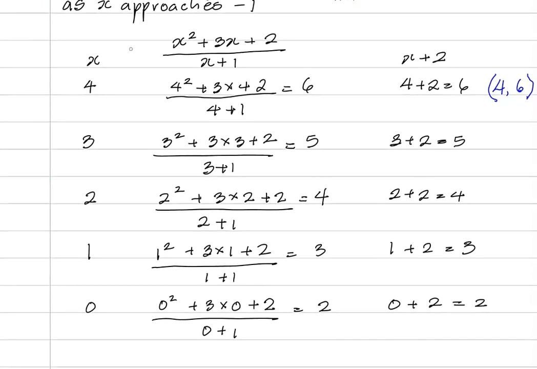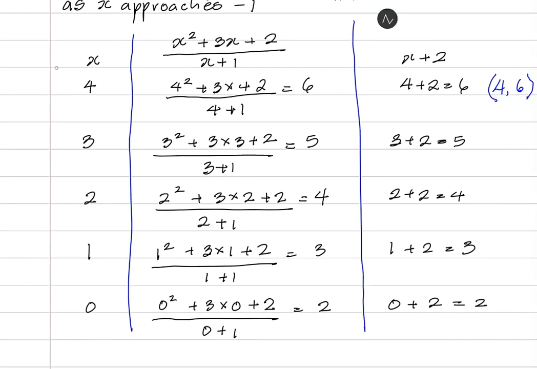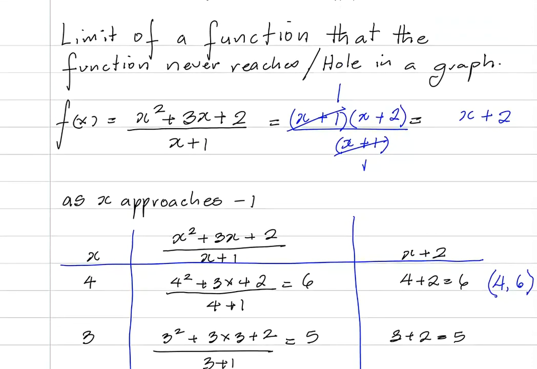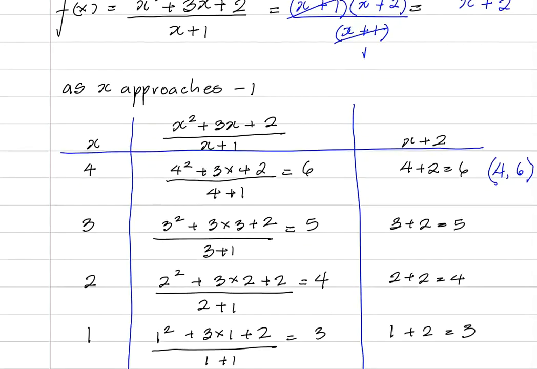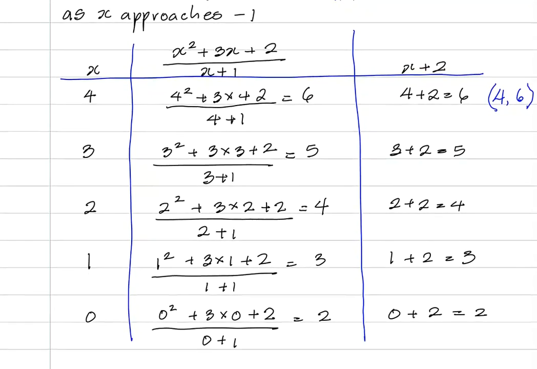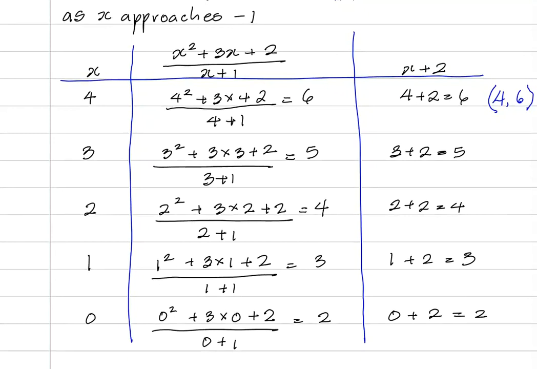Here we have different values of x, in the middle we have f of x, and to the right we have x plus 2. We already showed from up here that x plus 2 is the same as f of x, because x plus 1 cancels x plus 1. But let us see what happens as x approaches minus 1.